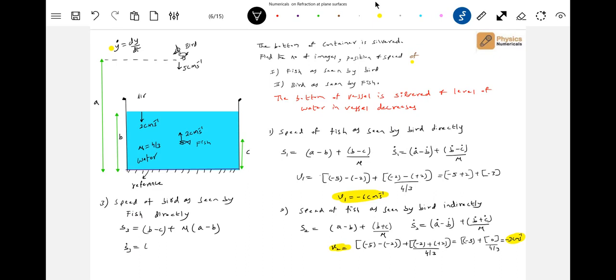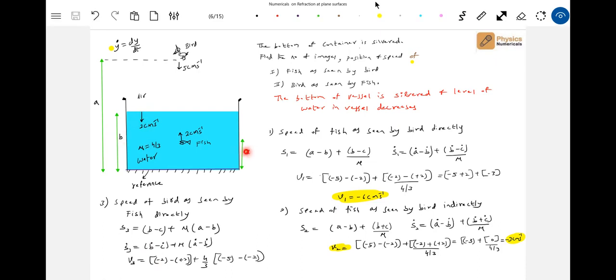Differentiating this: minus 2 plus 2, mu is how much? 4 by 3, minus 5, B is how much? Minus 2. Yes, sir, how are you writing all this? B dot: as the level of liquid falls, it should be minus 2, no? The rate of change dB by dt will be negative.